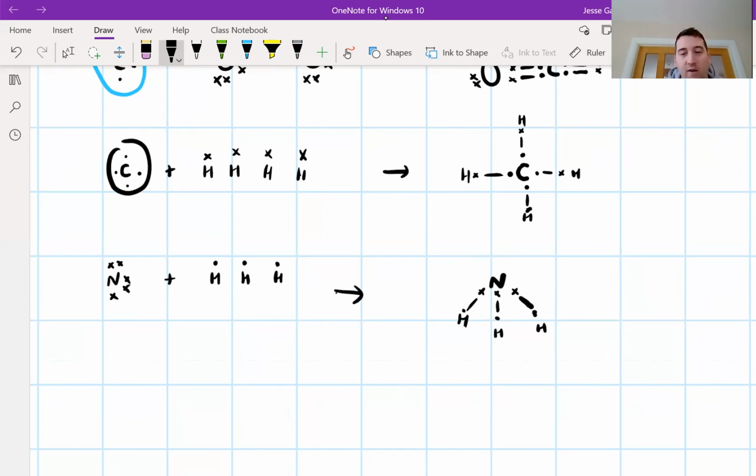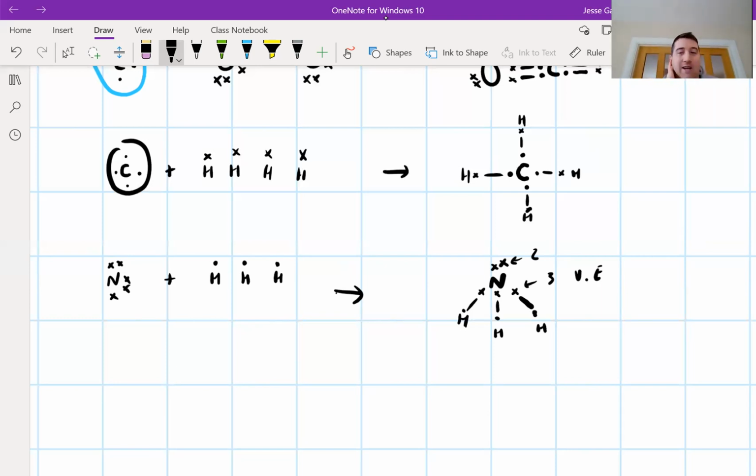We've only drawn 3 of the valence electrons here of nitrogen, and we started at the beginning with 5, so it also has a lone pair. So just check nitrogen now for 8 valence electrons around it, 2 here, and then 3 shared pairs. So that's 3 pairs is 6, and the lone pair is 2. That's 8 electrons on the nitrogen.